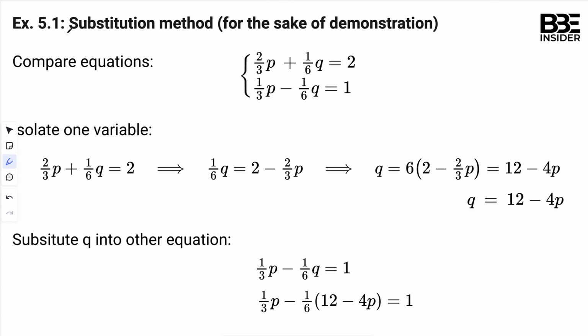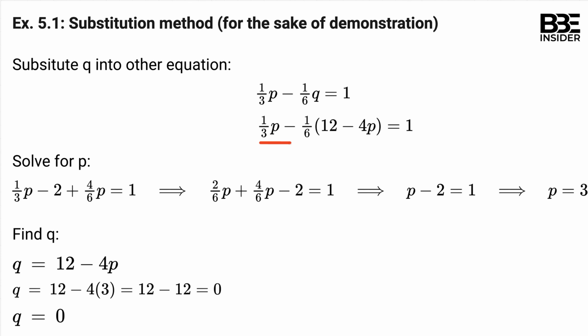When dealing with the substitution method, we try to rearrange one of both equations in a way that one unknown variable is alone on the left-hand side. This way, we can take this variable and plug it into the original equation.